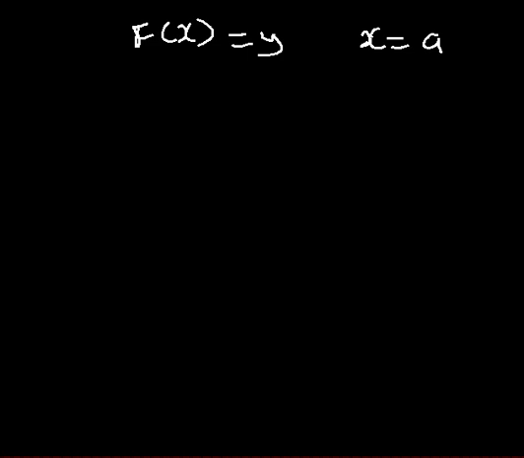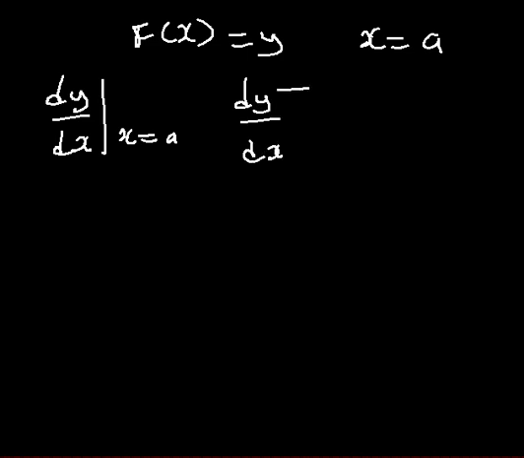If you are to use the other notations, for instance you can have dy over dx evaluated at x is equal to a, which means you are to evaluate the derivative of the function at x is equal to a. So a can be any number, for example x as 2 or whatever. Or else you can use this other notation, dy over dx with x is equal to a.